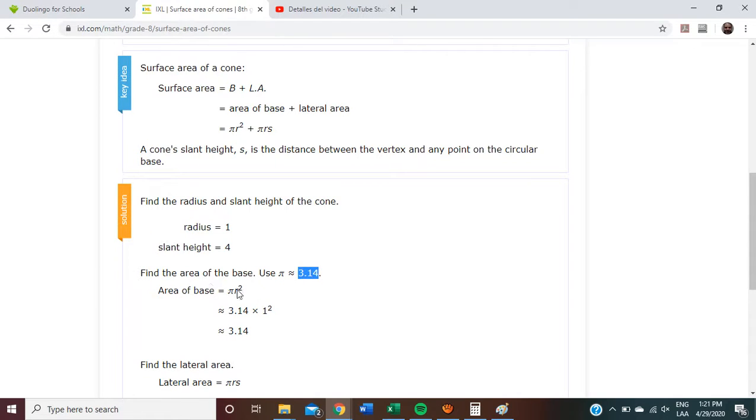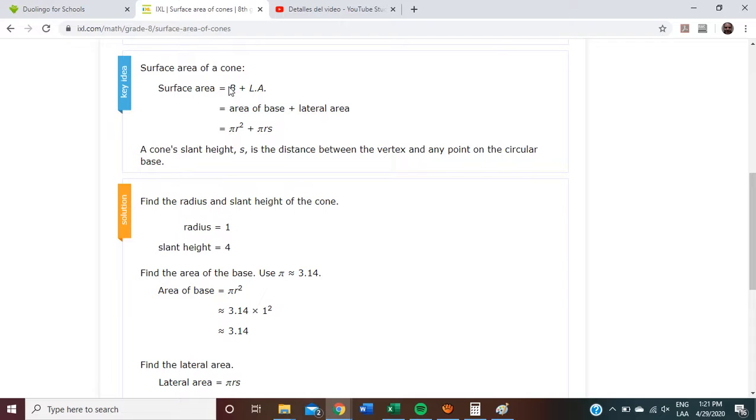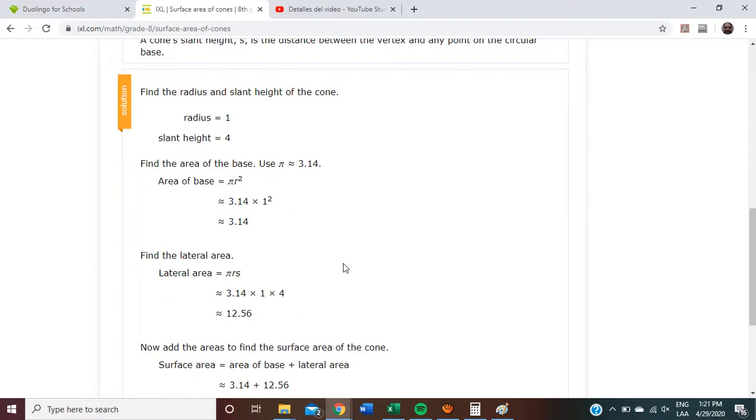Okay, so the area of the base is, this is the formula, pi times the squared radius. So the squared radius is 1 times 1 equals 1. So the area of the base is 3.14. So now we know this. Now let's get to know the other part of the surface of the cone.